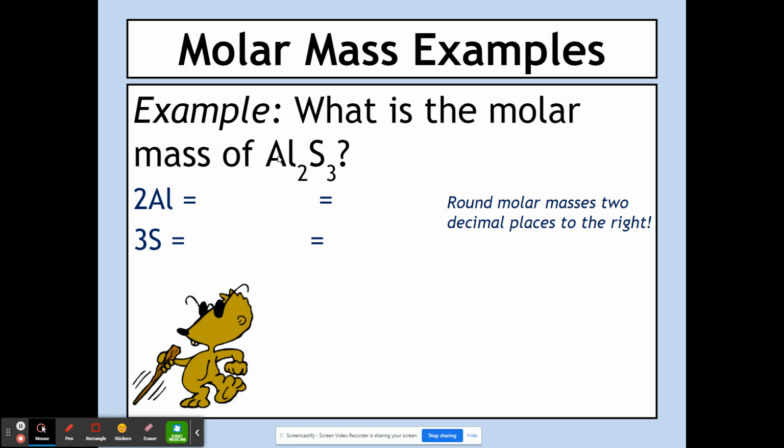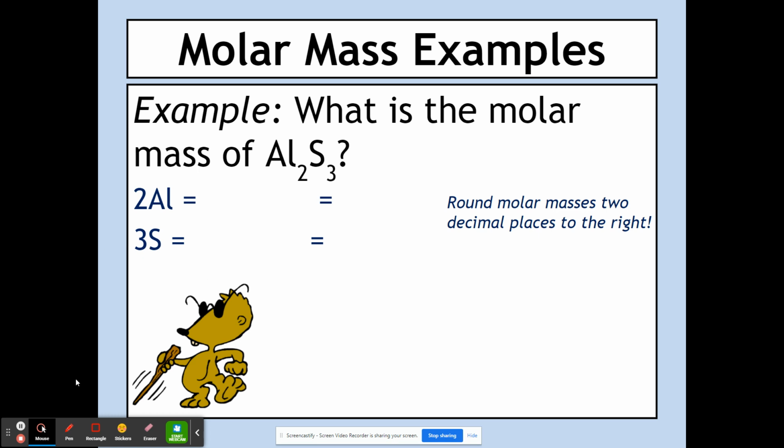So in this example of a compound, we have Al2S3. So we have aluminum sulfide. This is telling me I have 2 aluminums, which is why this 2 is here, and 3 sulfurs, which is why this 3 is in front of the S.